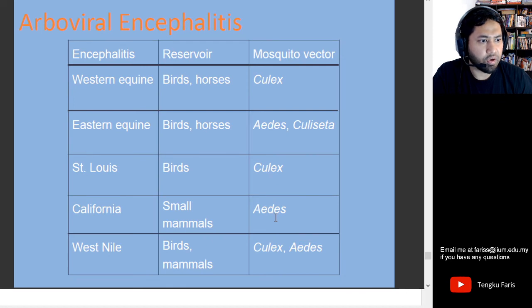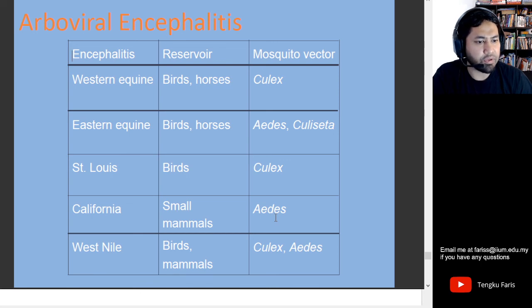All right. So I think in some countries like the US, they already map this encephalitis in the society, and of course they are transmitted by certain types of vectors. It can be Aedes, Culex, or Culiseta that bring these viruses, homing into the birds or the horses or some other animals.